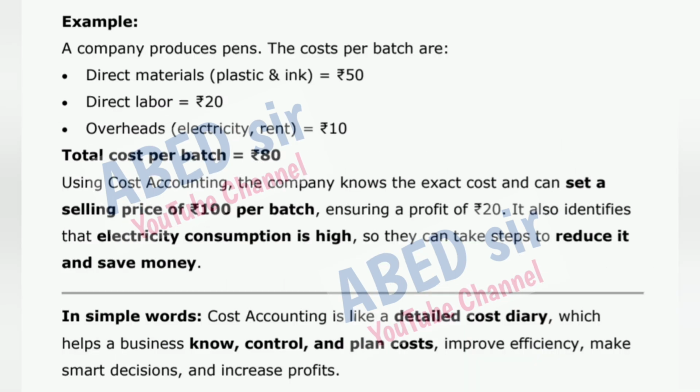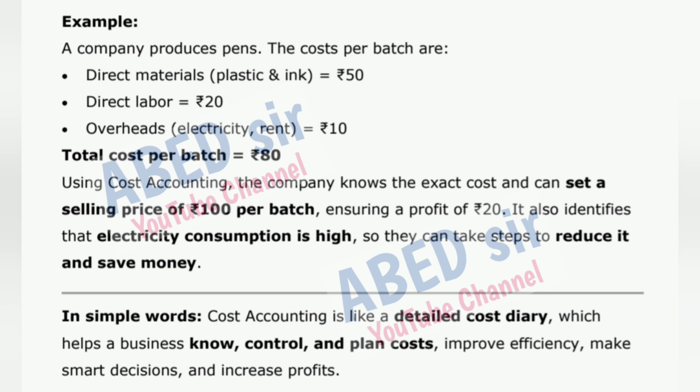Example: a company produces pens. The costs per batch are: direct materials, plastic and ink, equal to 50 rupees. Direct labor is equal to 20 rupees. Overheads, electricity and rent, equal to 10 rupees. Total cost per batch is equal to 80 rupees.